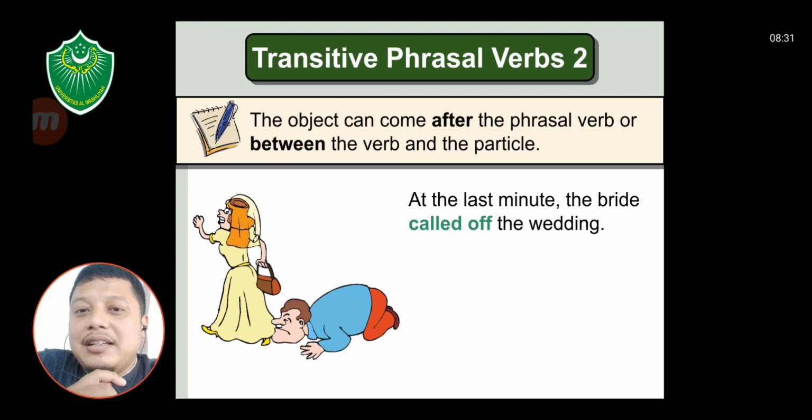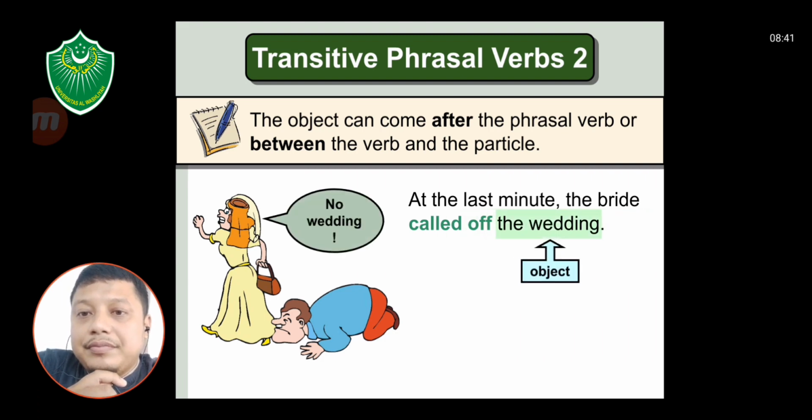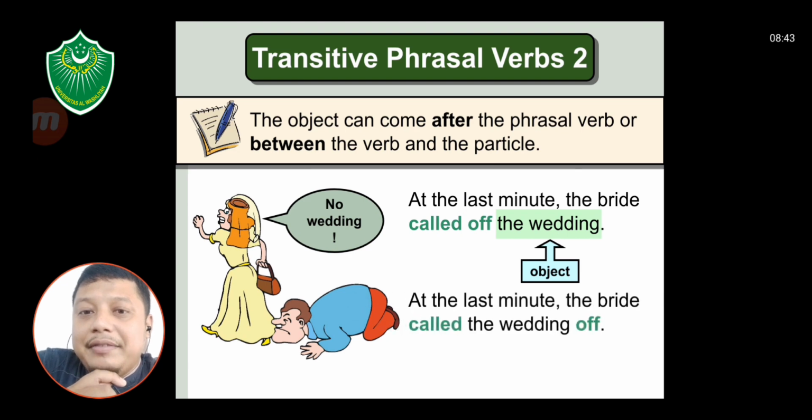You can see the object can come after the verb and the particle. And we can see here, at the last minute, the bride called the wedding off. It's the second method for creating a complete sentence with the transitive phrasal verb, right? So you can separate the phrasal verb.